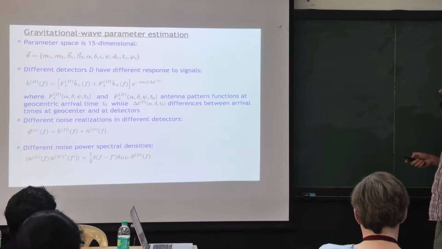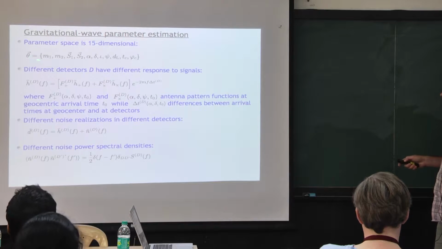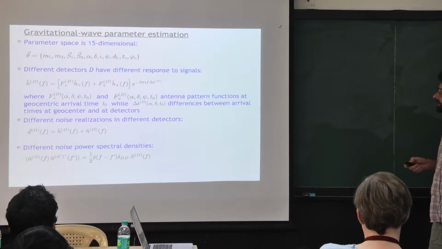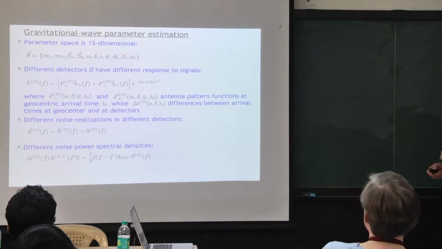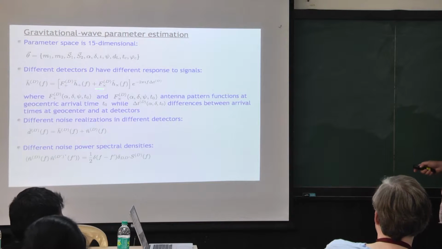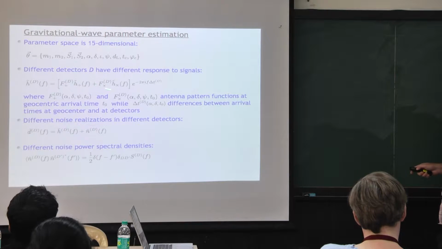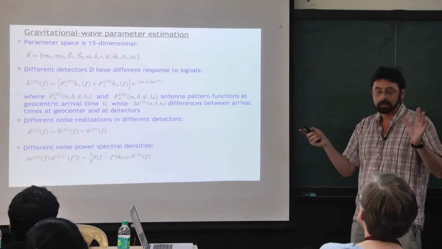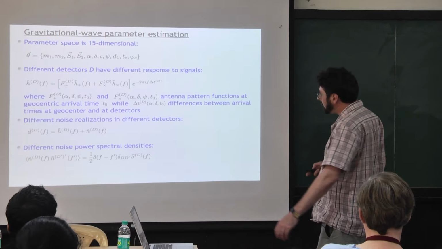So for quasi-circular inspiral, as I keep saying, there's a 15-dimensional parameter space. Here are all the parameters. But also we have different detectors, D, which have different responses to signals, and we have to take that into account. And that's actually very simple because the different response comes in two ways. One is the different orientations that the detectors have with respect to each other, and the other is the differences in arrival time of the gravitational wave.